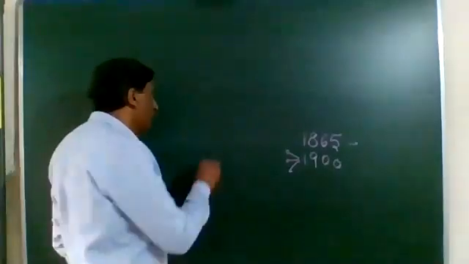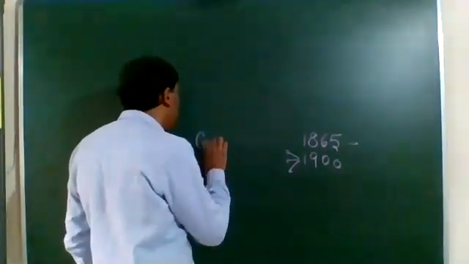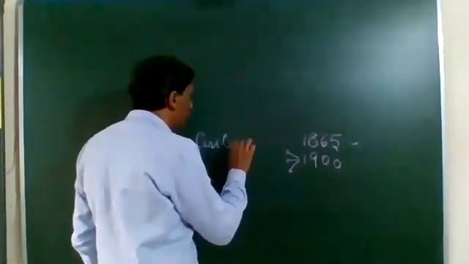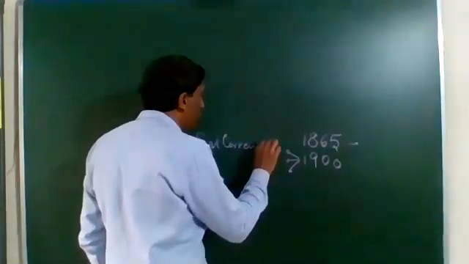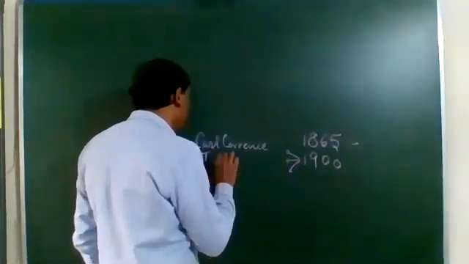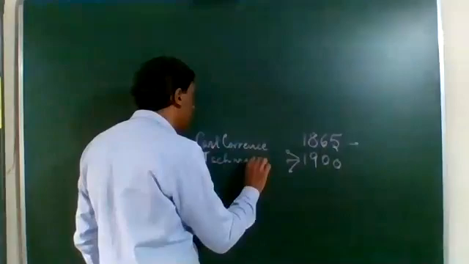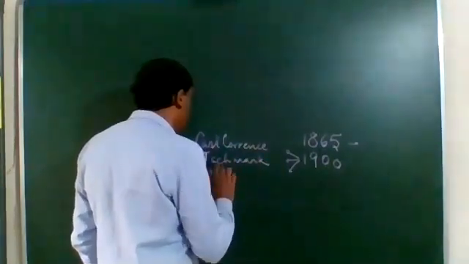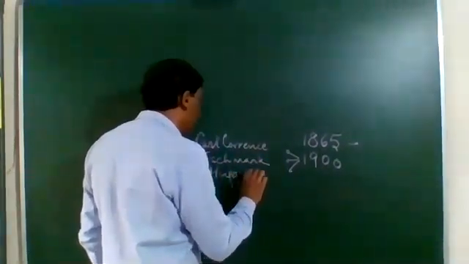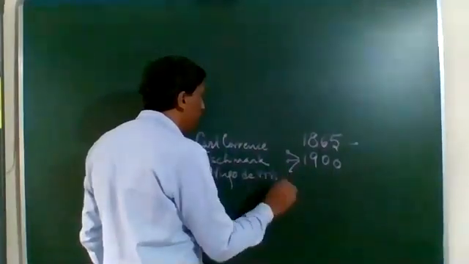Who are the scientists? They were Karl Correns, Tschermak, and Hugo de Vries.